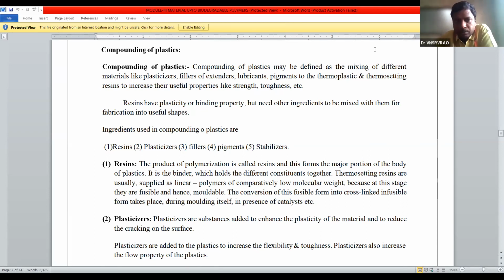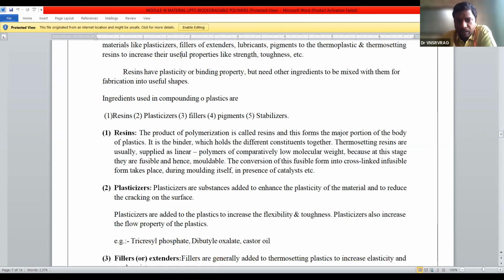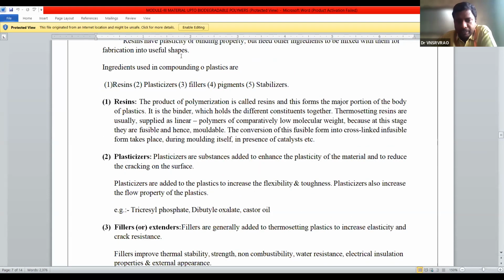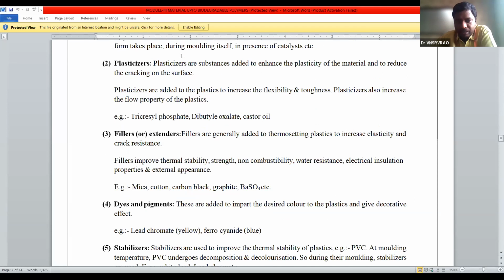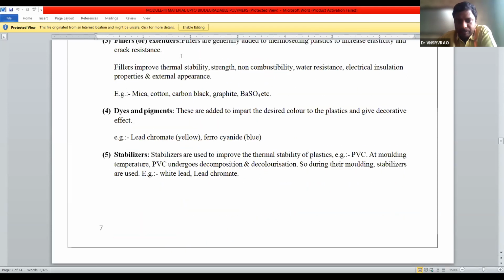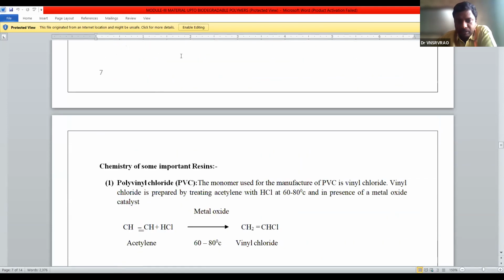All of you can see the Word file of compounding of plastics? Yes. So this is the material for the compounding of plastics. Already you discussed the definition and the external ingredients like resins, plasticizers, fillers and extenders, dyes and pigments, and stabilizers.